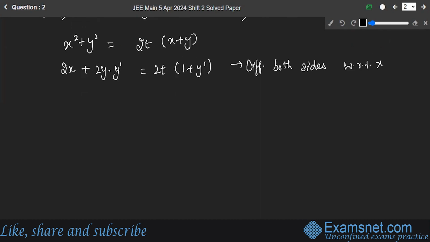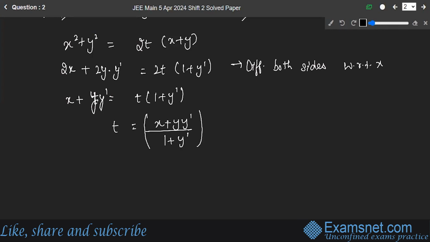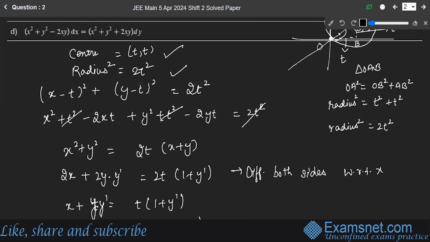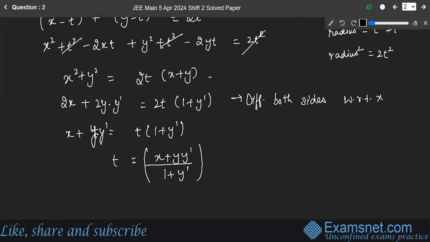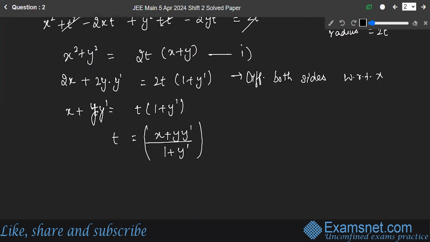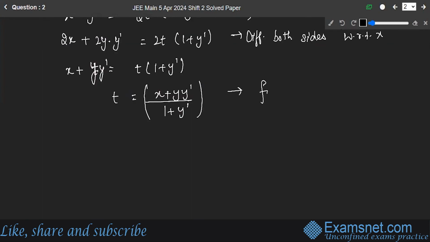So let's make t the subject of the formula. First of all, I'll divide both sides by 2. You will have (x plus y into y dash) is equal to t into (1 plus y dash), or t will be given by (x plus y into y dash) upon (1 plus y dash). So let's fill in this t in equation 1.